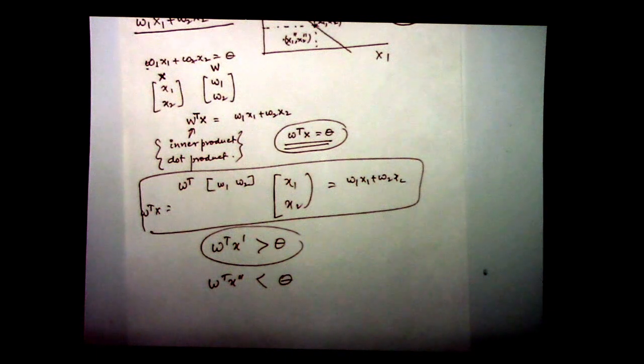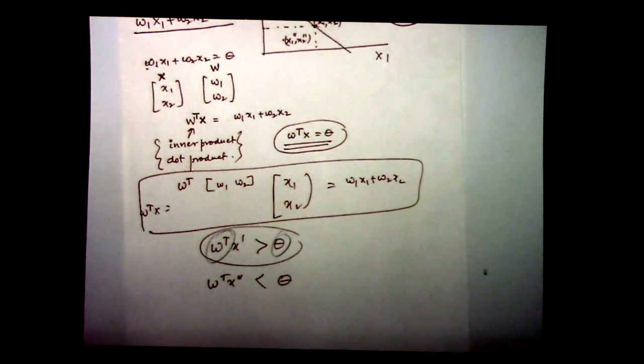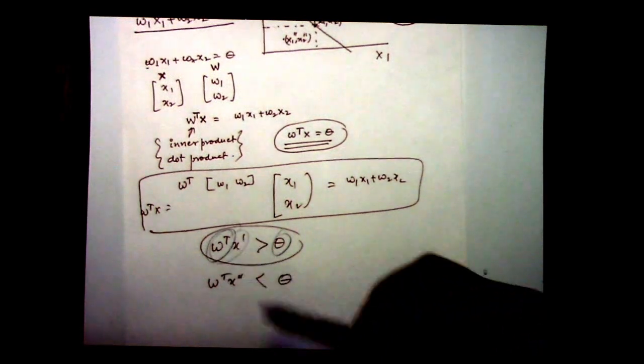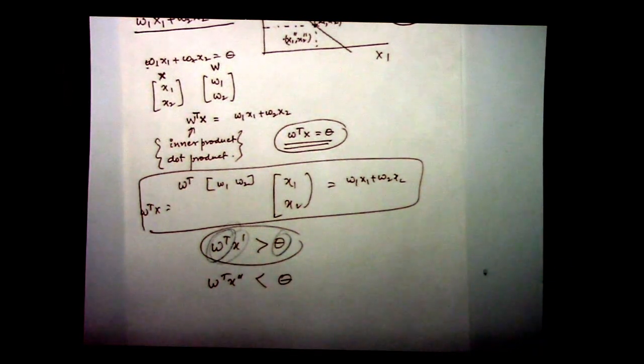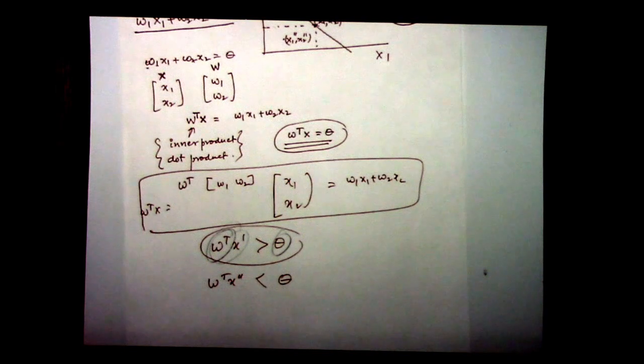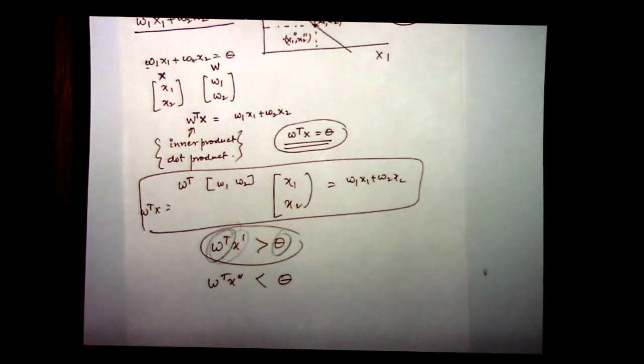Let's think of that algorithm as a magic box. If that algorithm can give us this W and theta, then you take a new data point and just apply W transpose X to that. If it is greater than theta, you say it is a malignant tumor. If it is less than theta, you call it a benign tumor, right? So you have learned your disjunction in that case.